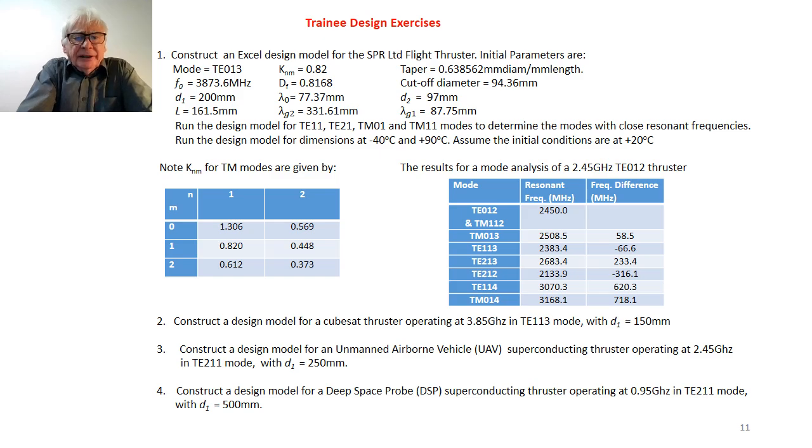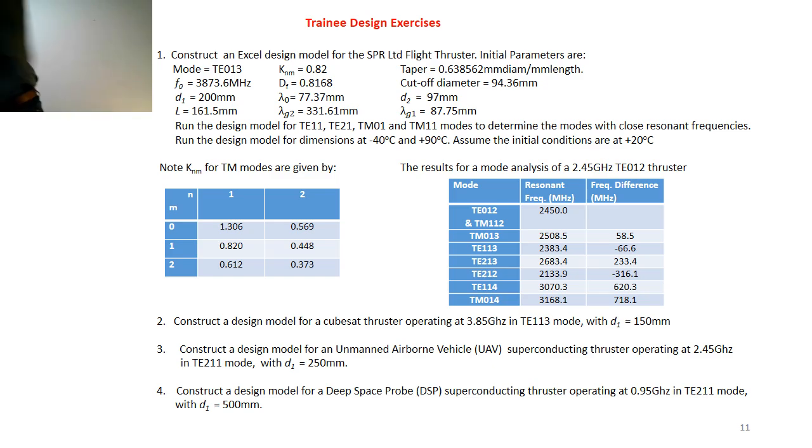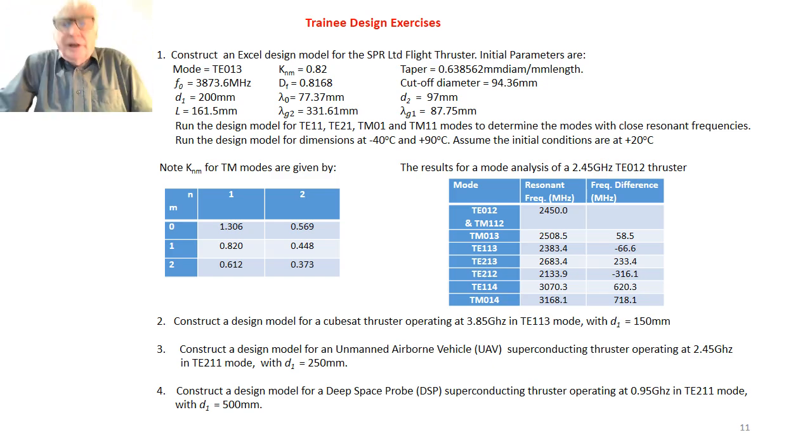Another design that we'll be looking at in future lectures will be for an unmanned airborne vehicle, and this will be a superconducting thruster, a so-called second generation thruster, operating at a frequency of 2.45 gigahertz in a TE211 mode.